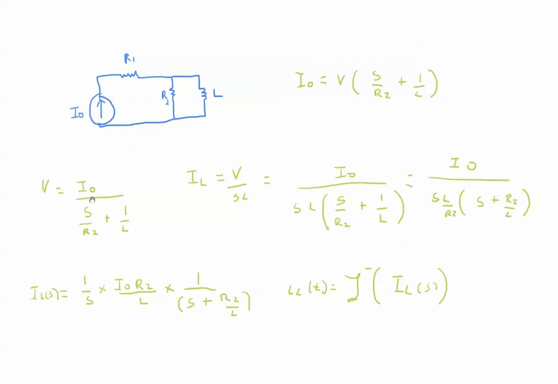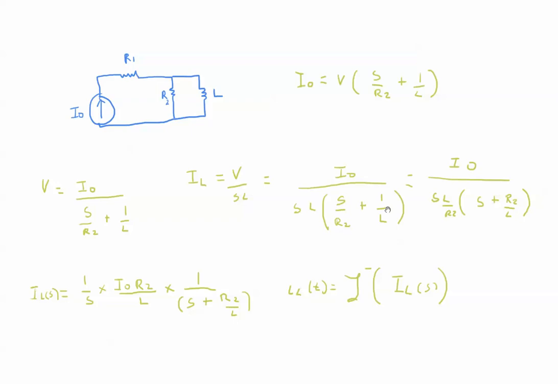Then I solve for V, which is I naught divided by this combination. What we really were looking for is IL, not the voltage, so that's the voltage divided by the impedance of the inductor, and I have I naught times SL times this relationship.